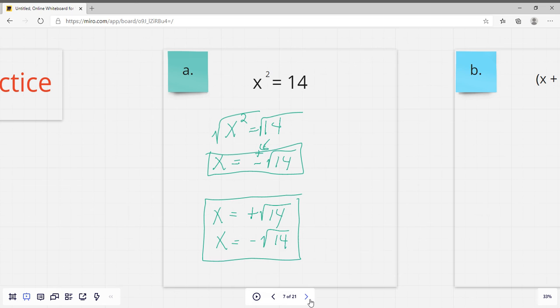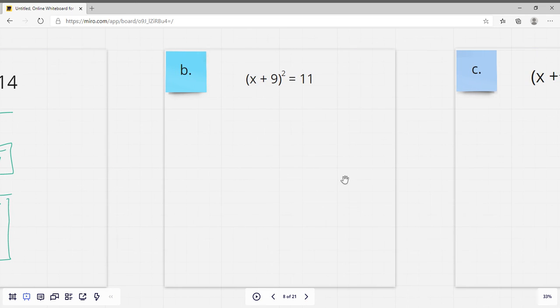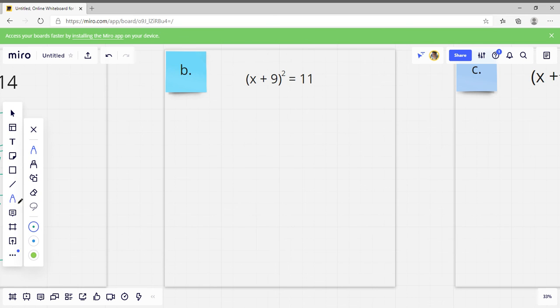All right, B. Okay, for this one, we're going to square root all of this and square root that. So we're going to get x plus 9 equals positive or negative square root of 11. All right, now we just got to do minus 9, minus 9.